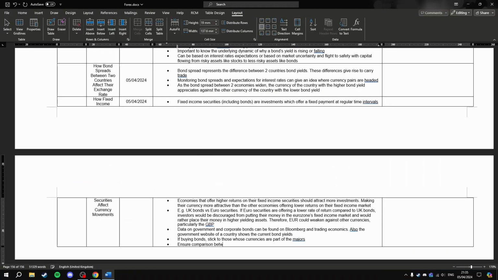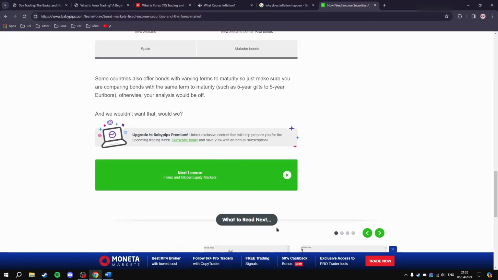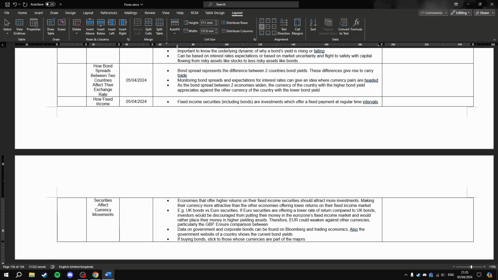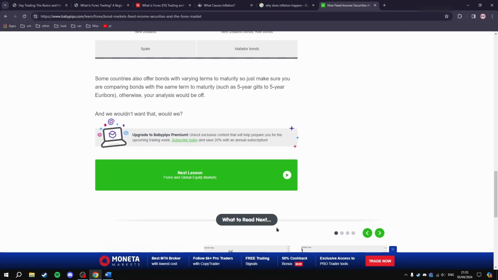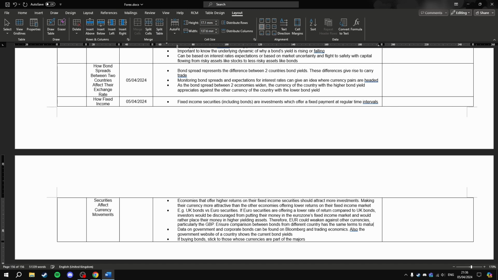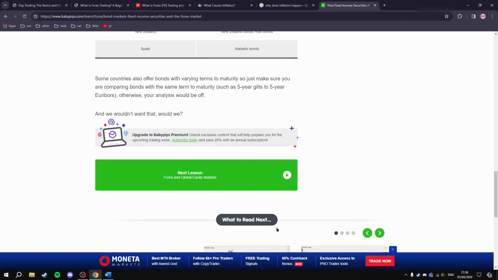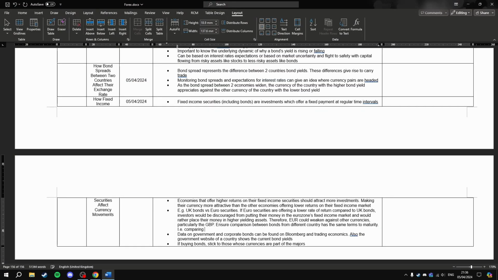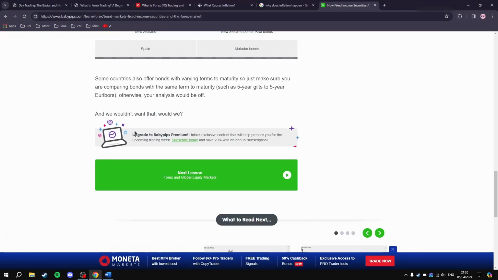Ensure comparison between bonds from different countries has the same terms to maturity, i.e. comparing 5-year UK bonds to 5-year Euro securities. Okay. Yep.